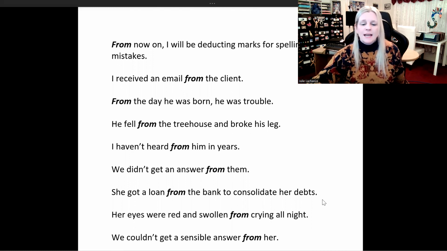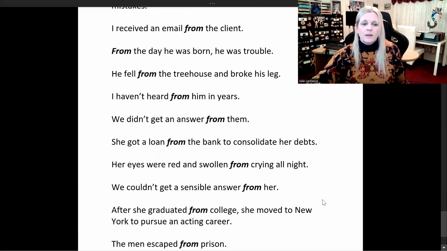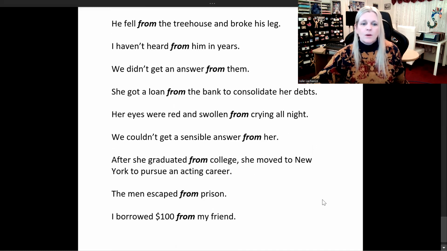We didn't get an answer from them. She got a loan from the bank to consolidate her debts. Her eyes were red and swollen from crying all night. We couldn't get a sensible answer from her.